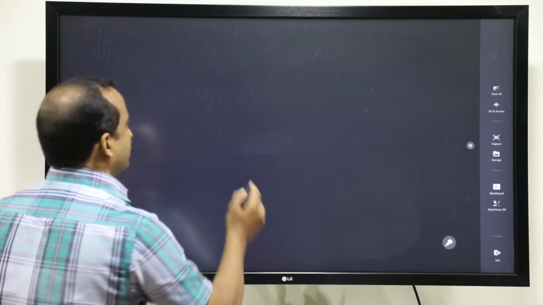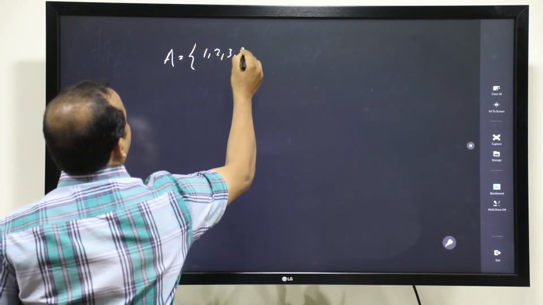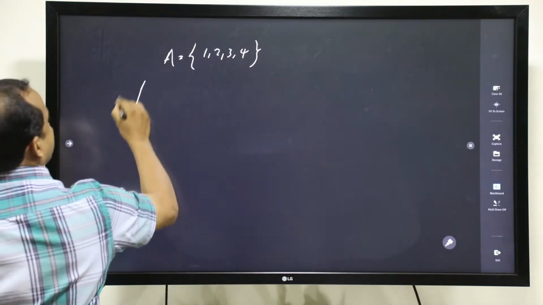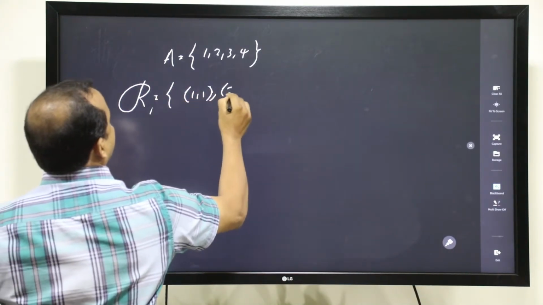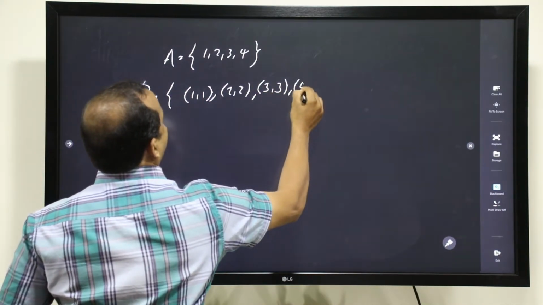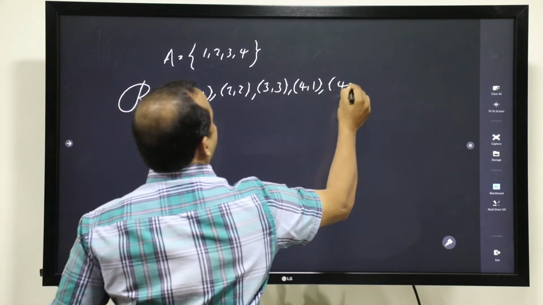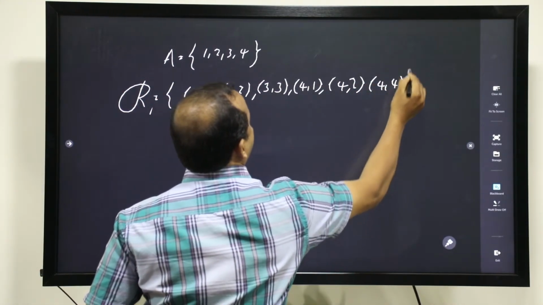Okay, write one more question. Suppose A = {1, 2, 3, 4}. Here I write relations R1 = {(1,1), (2,2), (3,3), (4,1), (4,2), (4,4)}.